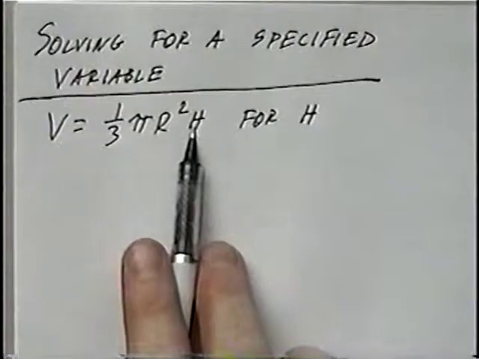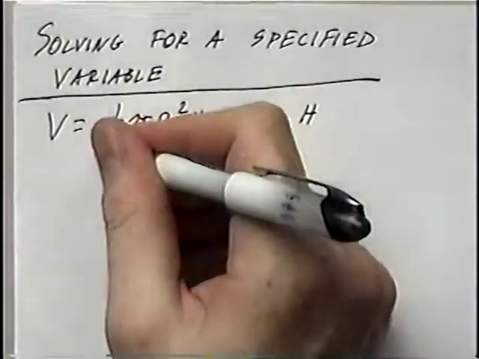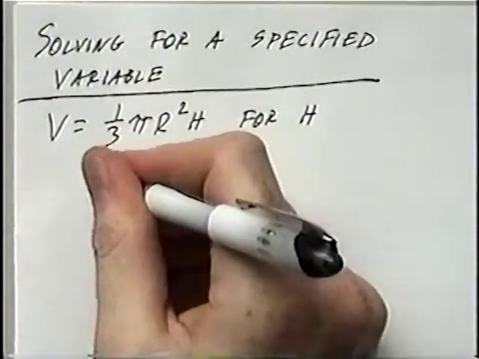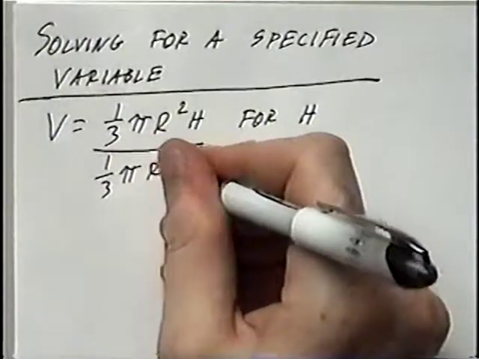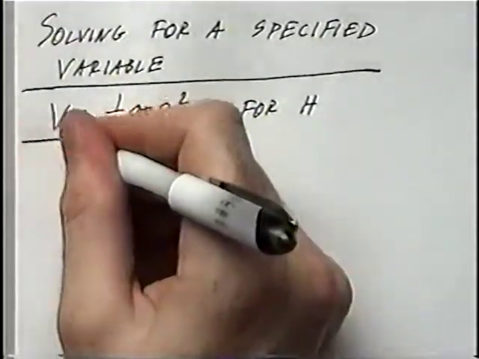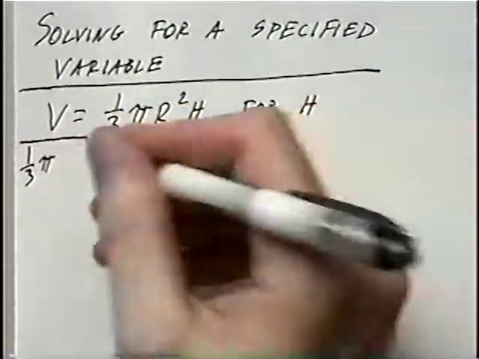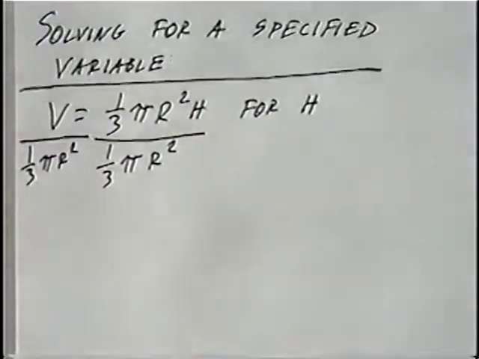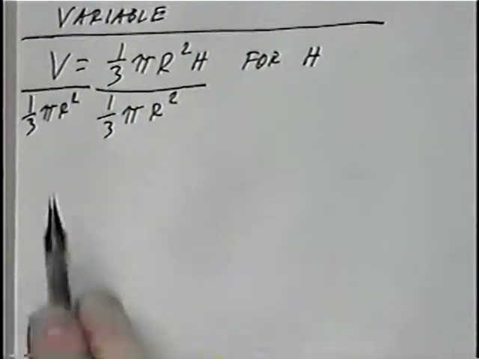To isolate h, we can cancel out the 1/3, the pi, and the r squared by dividing by each one of those. Dividing by 1/3, dividing by pi, and dividing by r squared. And we'll do that to both sides. Bringing down the equation, we'll have v.